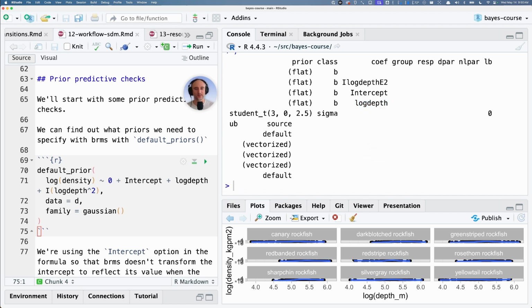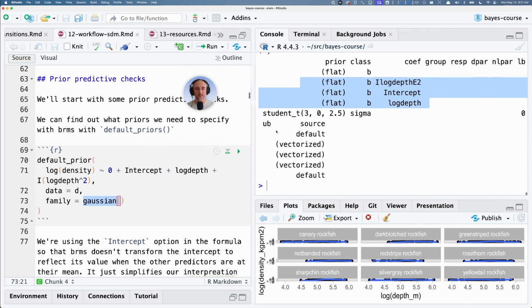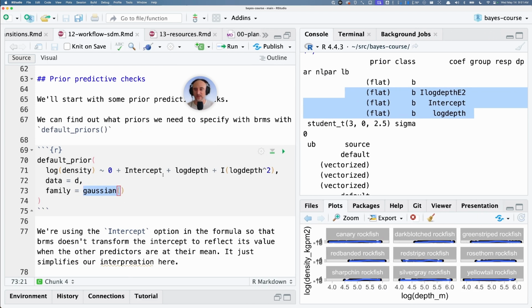It's getting hard to read because it wraps around sigma. So the standard deviation on the observation error, which we've got as Gaussian, is going to have some prior as well. The default priors here are flat, so there's basically no prior input. It's negative infinity to positive infinity uniform, which is probably not great. So we're going to specify some priors ourselves.